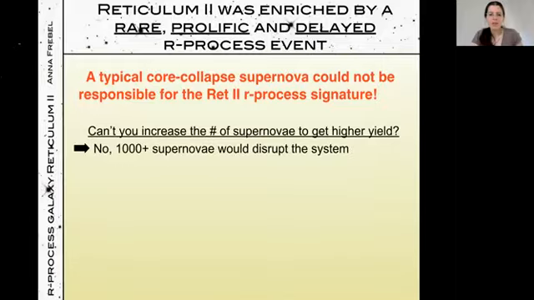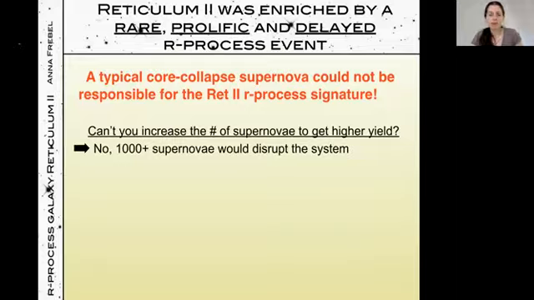Yeah, so the pundits might say, well, why don't you just increase the number of supernovae to get a higher yield, right? You would only need 1,000 supernovae to build up a more prolific yield. But that is again where the nature of the dwarf galaxy comes into play, because no, you cannot just add 1,000 supernovae to that little system.